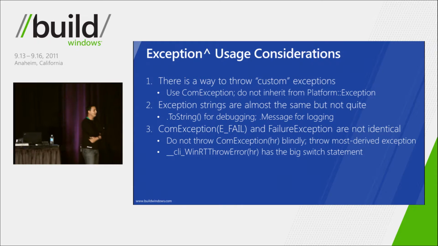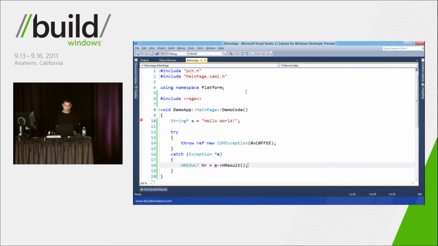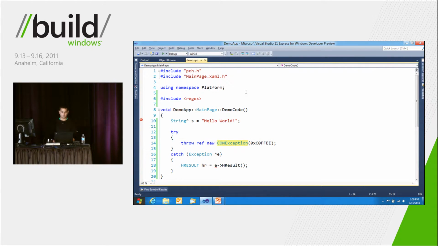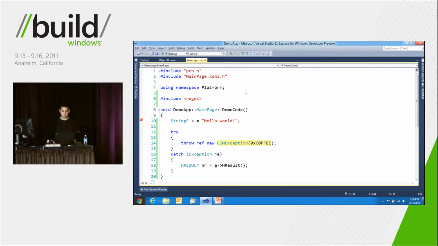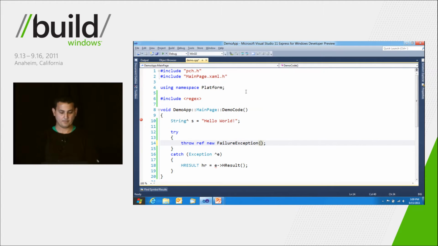This is another gotcha that some people fall into. We just said that HRESULTs and exceptions are one. E_FAIL is failure exception. Well, they are almost identical, but they're not exactly identical. So one of the common gotchas is here, you're going to throw failure exception, and you have somewhere else that can also throw a custom COM exception.